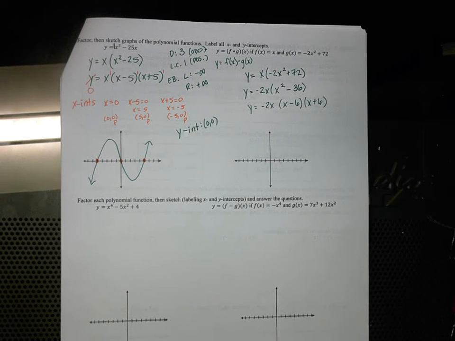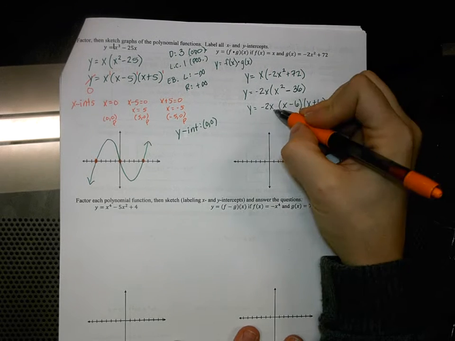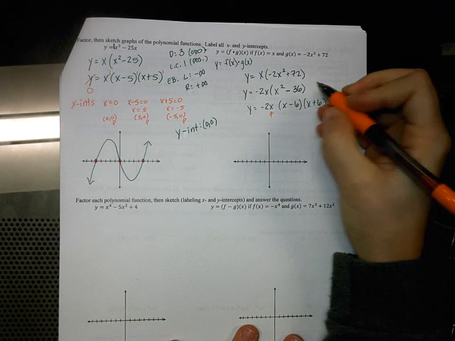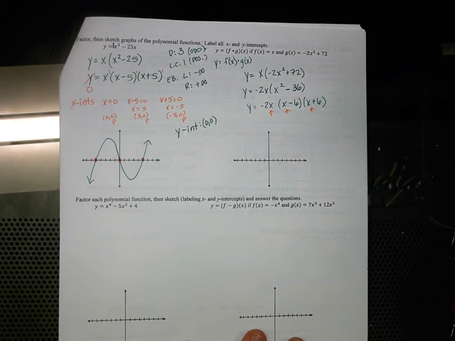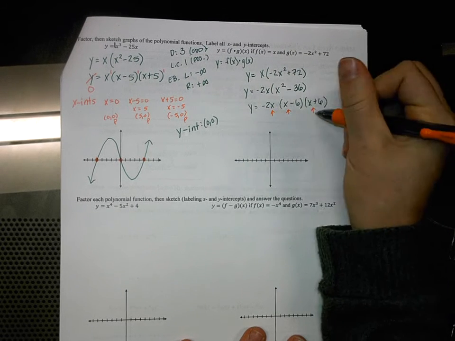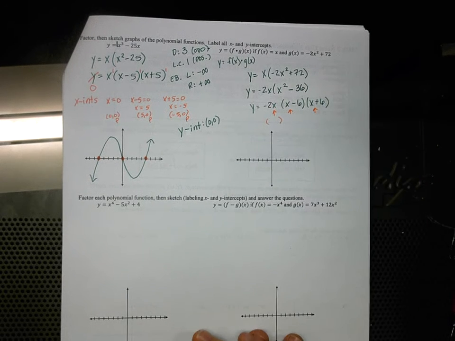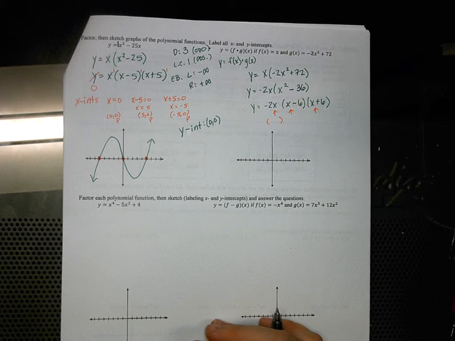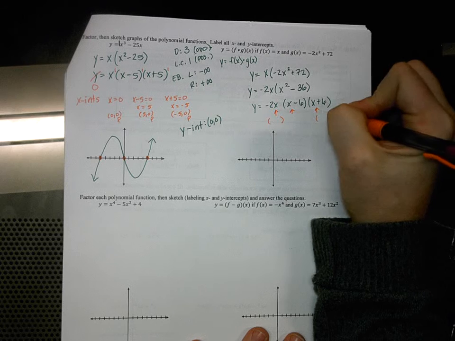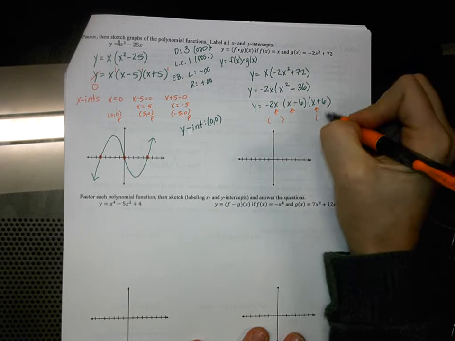So that's going to give me 3 x-intercepts. You can probably already predict what those points are going to be. What is one of my x-intercepts? Let's start from the right. What x-intercept would this one give me? Negative 6, 0.